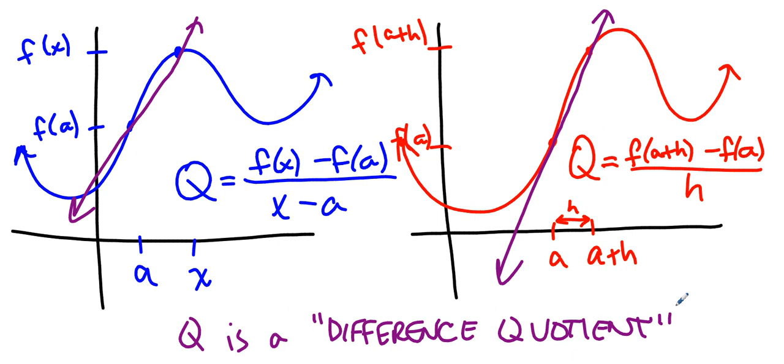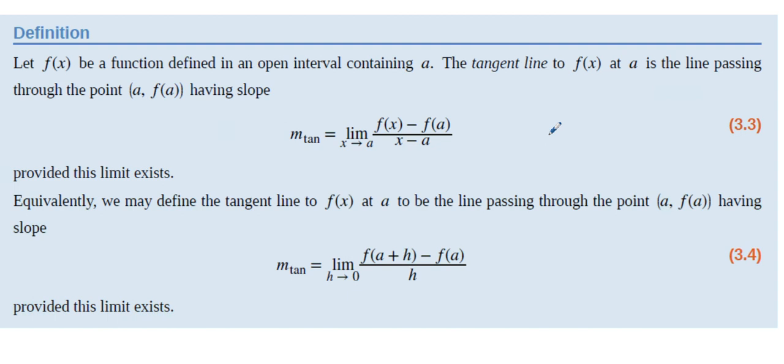To find the slope of the tangent line, we take this point and we slide it along the curve until it is so close to that one that you can hardly tell the two apart. And that is exactly what we've been talking about. It's this idea of a limit.